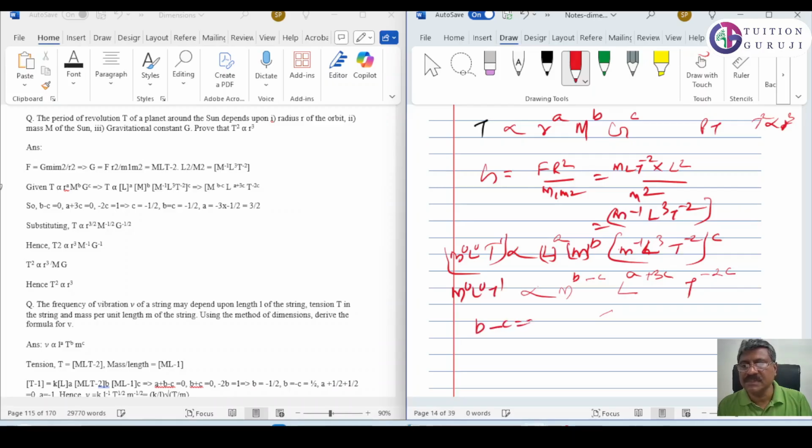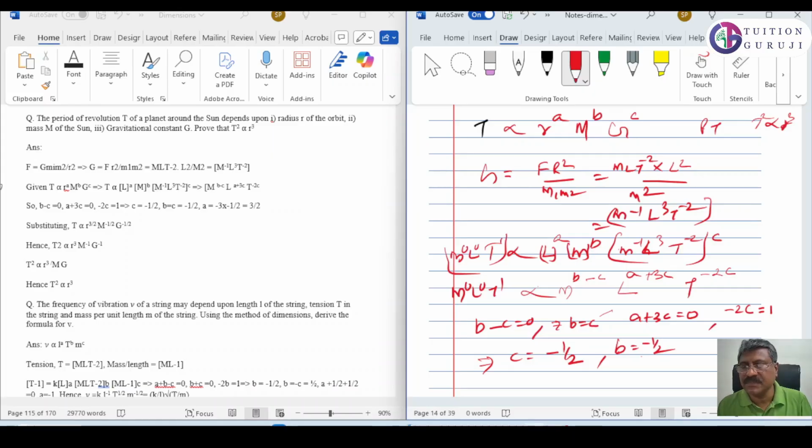So we get b minus c is equal to 0, which implies b is equal to c. Next, a plus 3c is also 0. Again, minus 2c is equal to 1, which implies c is equal to minus 1 by 2. When c is equal to minus 1 by 2, b is also minus 1 by 2 because b is equal to c.